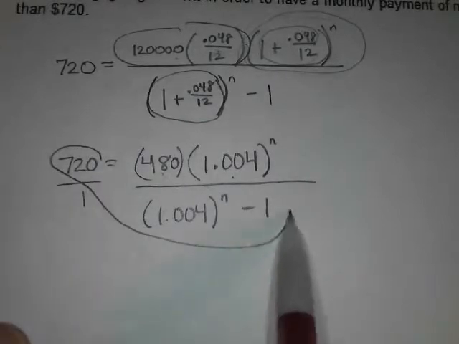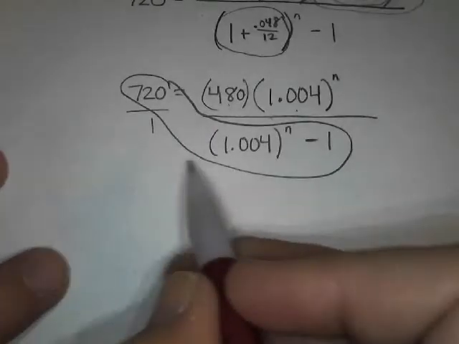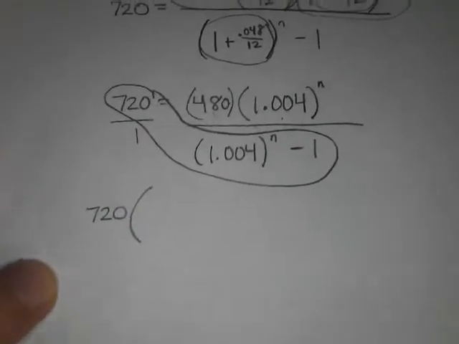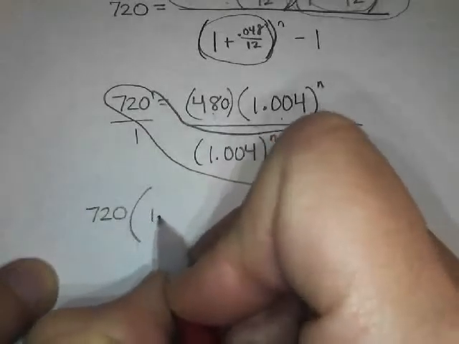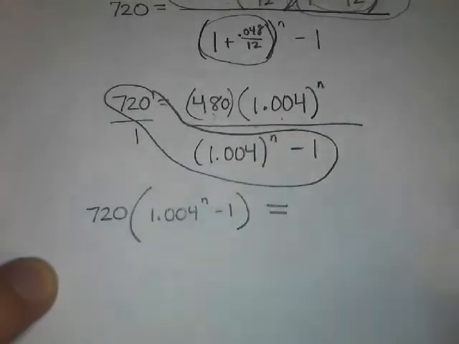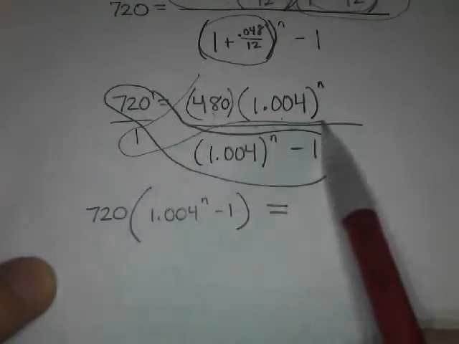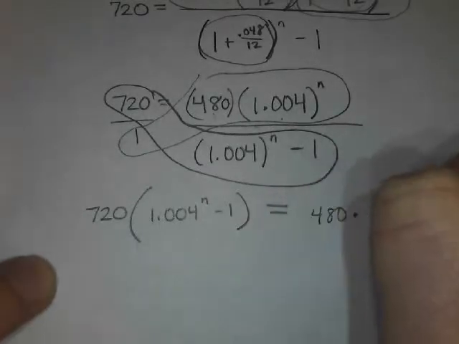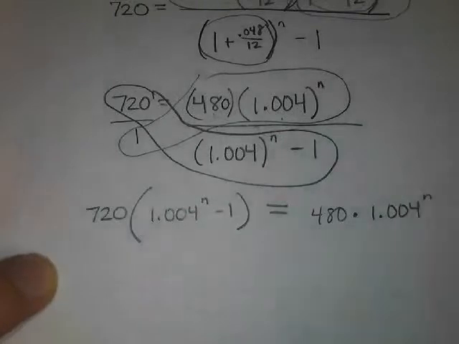So that right there is going to be 720 times this binomial, 1.004 to the nth minus 1, equals, and when I cross multiply here, nothing overly eventful, 480 times 1.004 to the nth power.